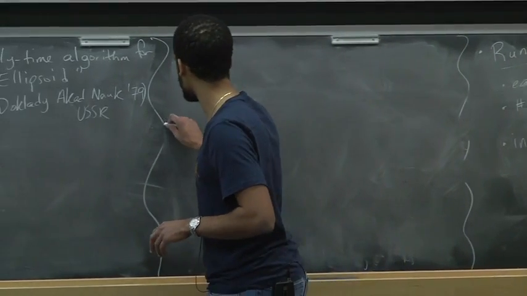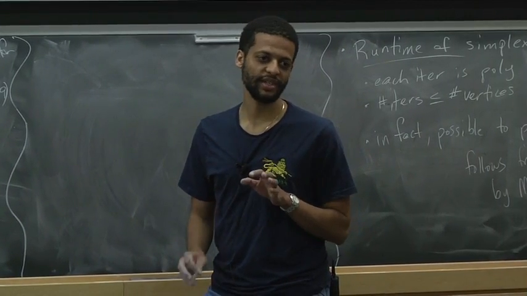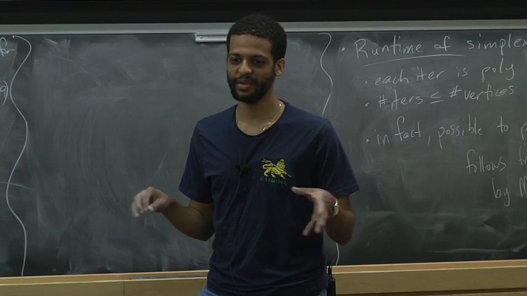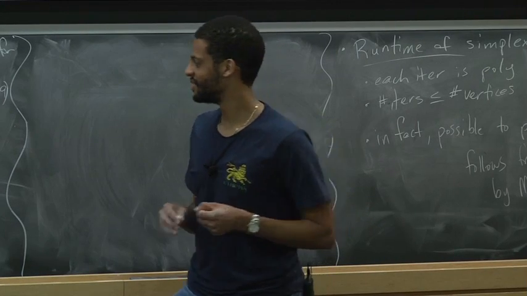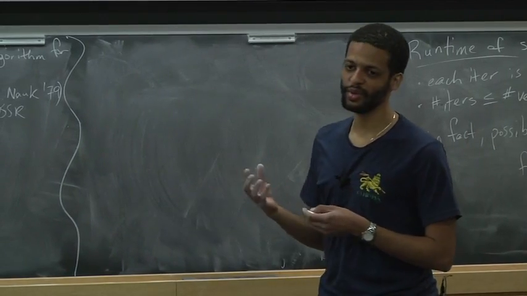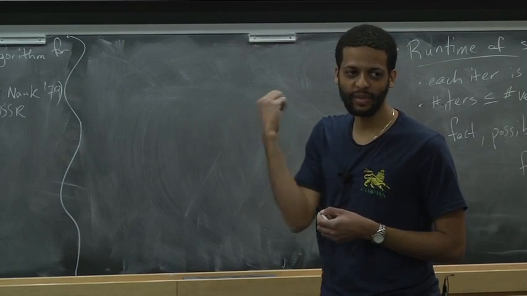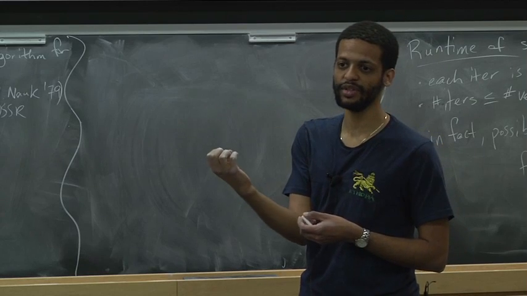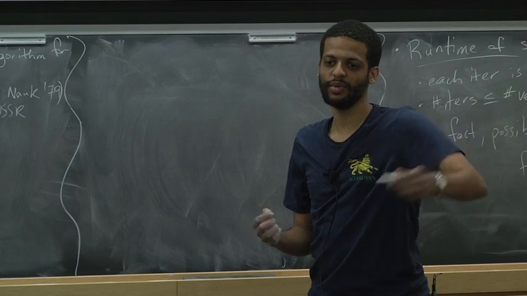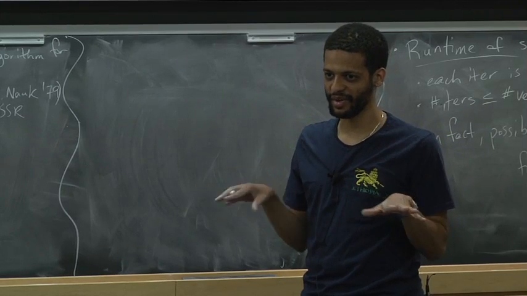One nice thing about the ellipsoid algorithm is that in some cases, you can even solve exponentially sized linear programs in polynomial time. You might say, what are you talking about? How can you even look at the input? Really, what ellipsoid needs to work is an oracle, which if you give it a point that's infeasible, will tell you a violated constraint. For some problems, you can implement that oracle without ever explicitly writing down the linear program.